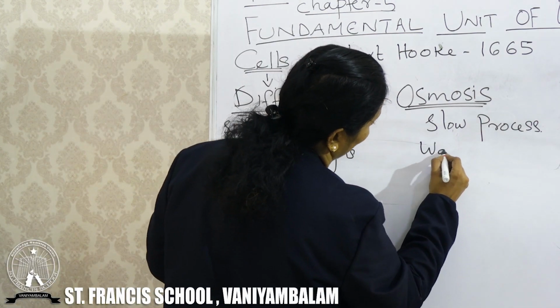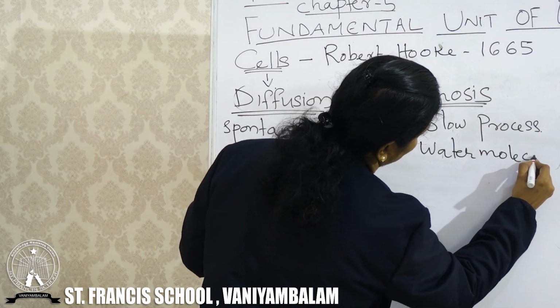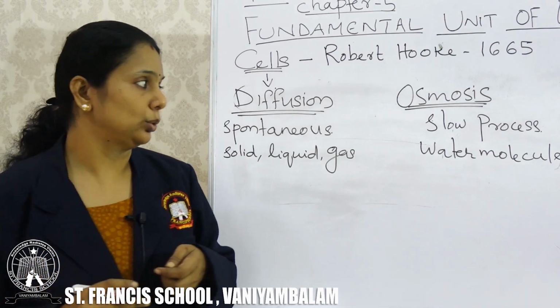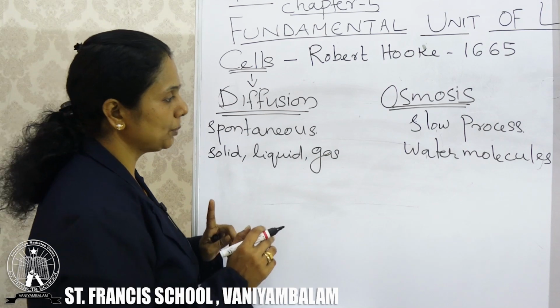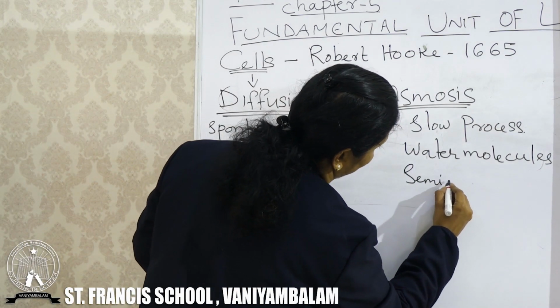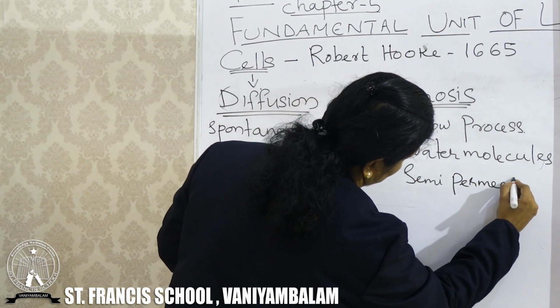Only in water molecules osmosis happens, only in liquids. It is the movement of water molecules through a semi-permeable membrane. So here in osmosis, a semi-permeable membrane is necessary. That is the cell wall.